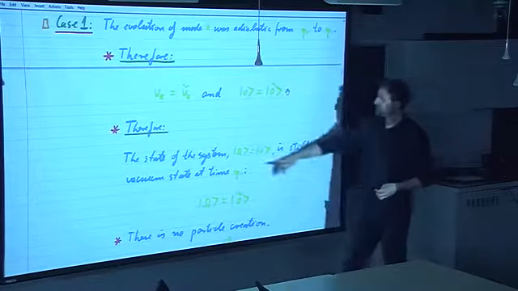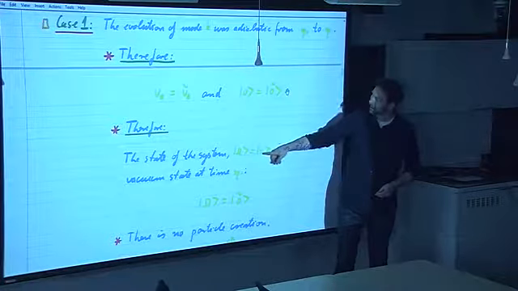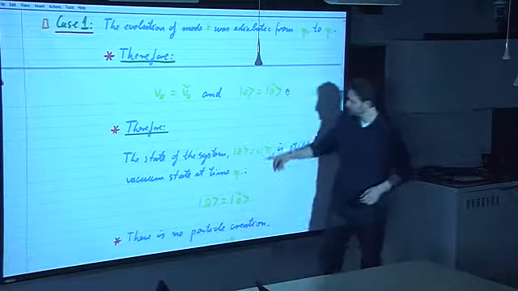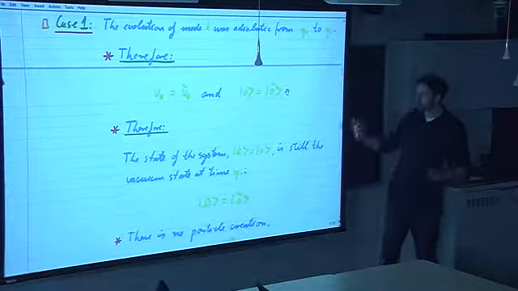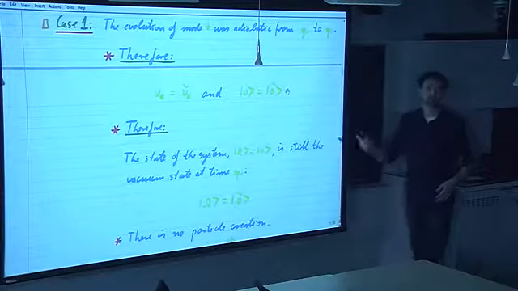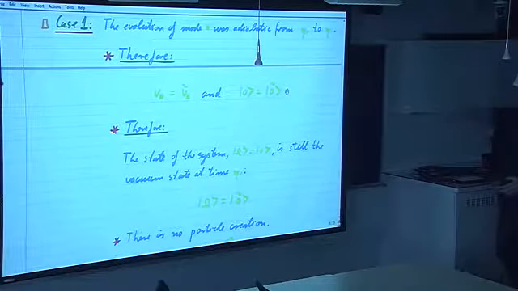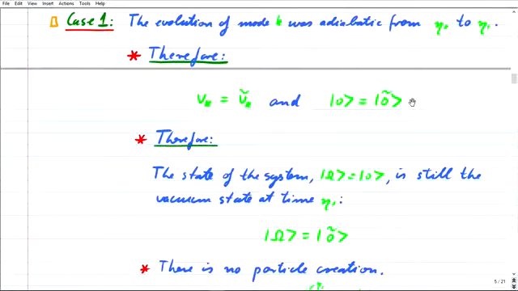So the state of the system, which was annihilated by the annihilation operators of the V, is of course always the state of the system, but in particular, even at time eta 1, it's still the vacuum. It's not only the vacuum state at early time, it also happens to be the vacuum state at the late time eta 1. In other words, no particle creation.